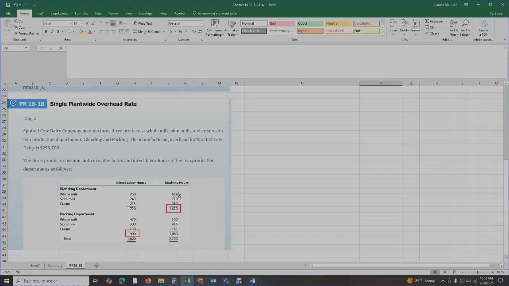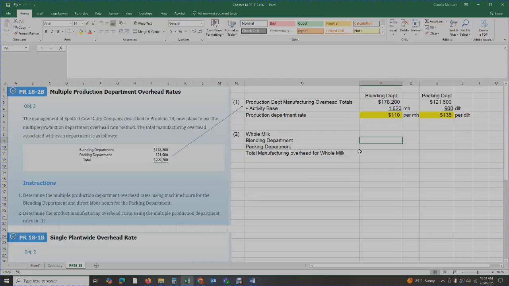Remember, we're allocating using machine hours for blending. We multiply that by the rate we calculated for blending, $110 per machine hour. So it's 650 times 110, which gives me 71,500.